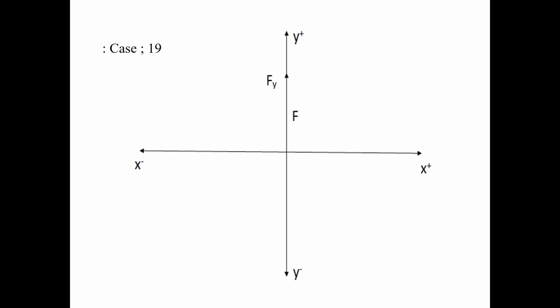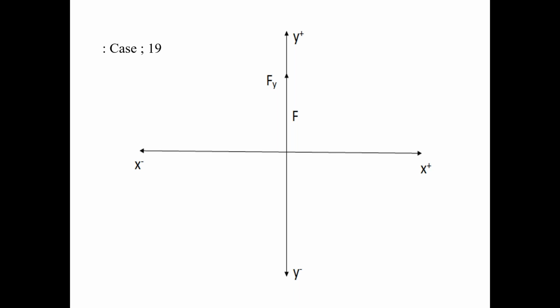So, please watch this 19th condition. The force F is acting along the y-axis. Since the force F is acting along the y-axis, the angle theta made by the force with y-axis is equal to 0 degrees.